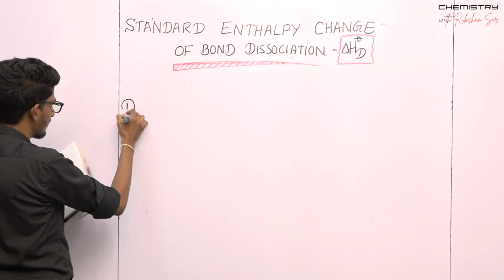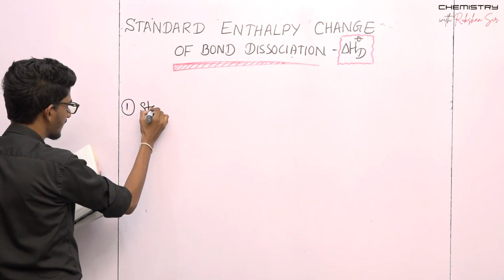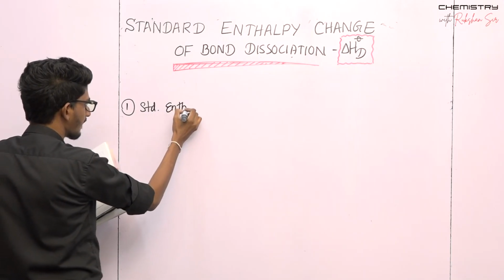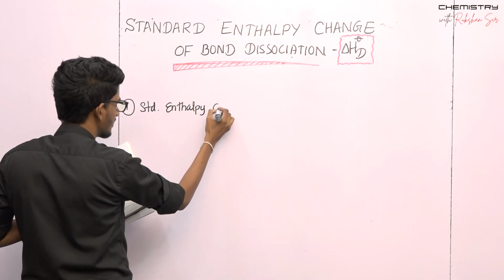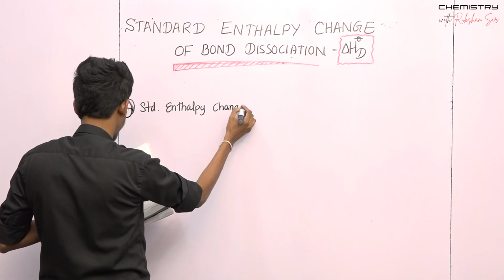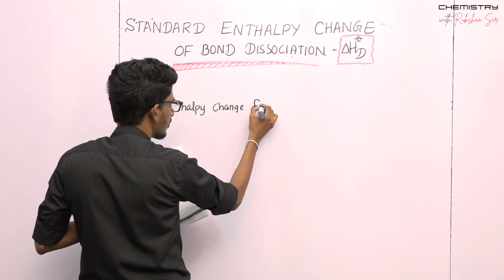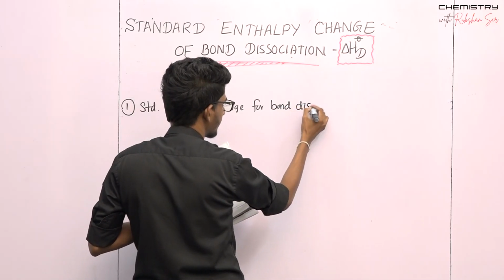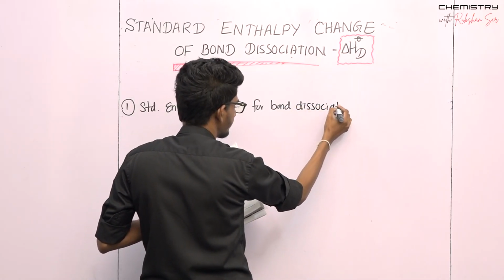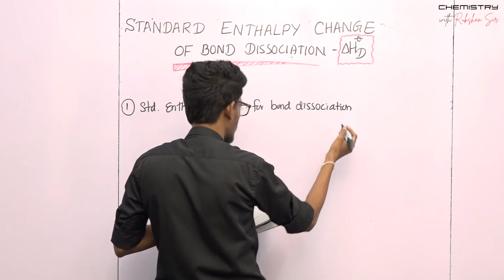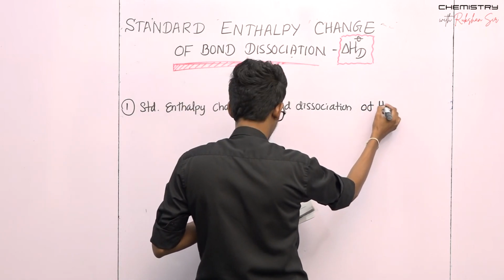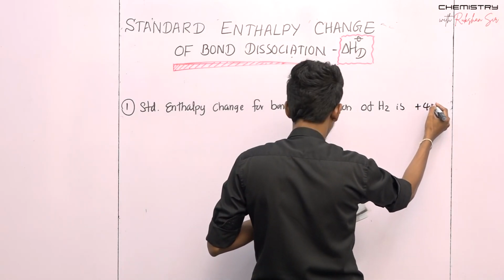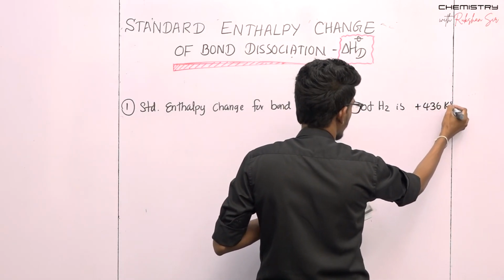A few examples are given. The standard enthalpy change for bond dissociation of H2 is given as plus 436 kilojoules per mole.